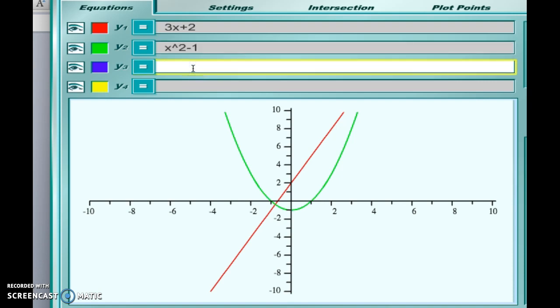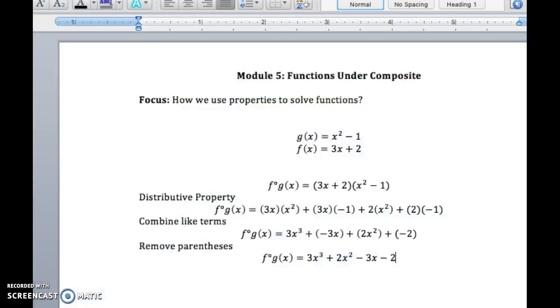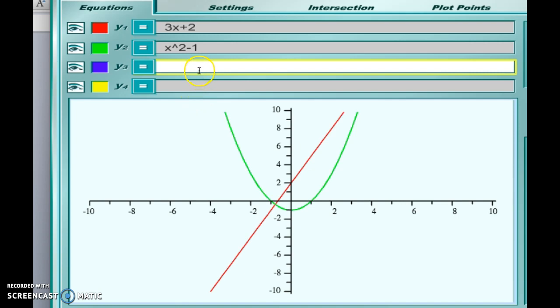So then I thought, well, when I multiplied it all together from this page and I got this long expression here, it would be nice to verify it. So I put 3x plus 2, and I multiplied it and see what I got.